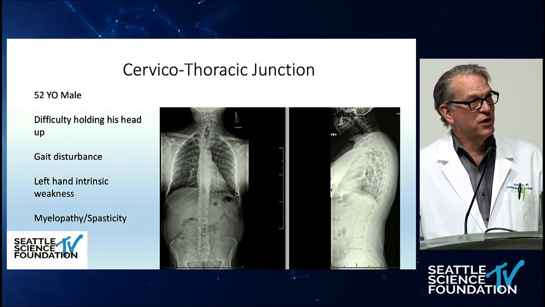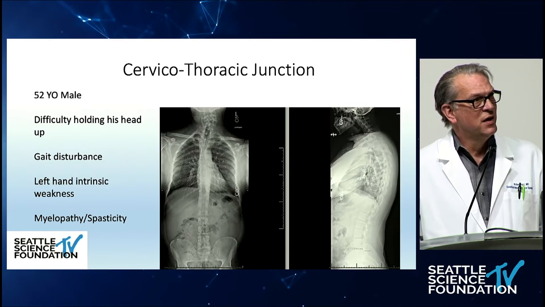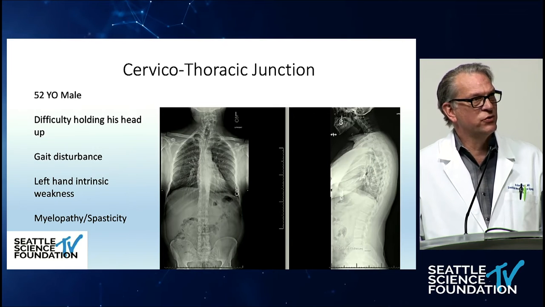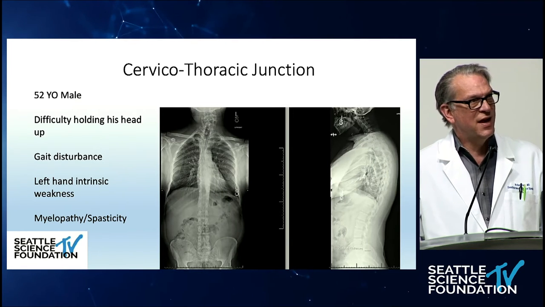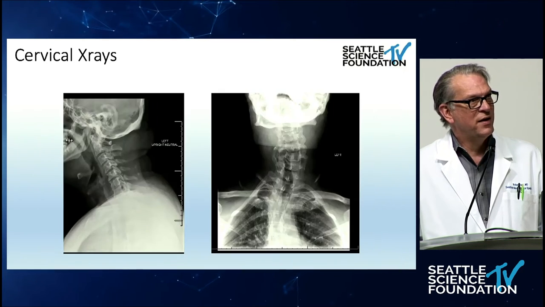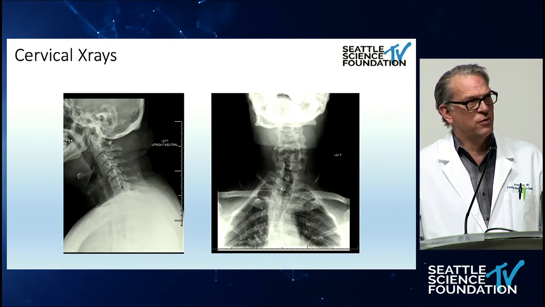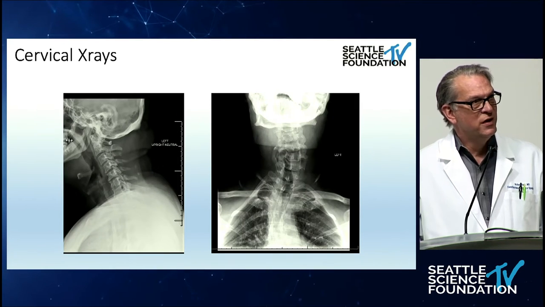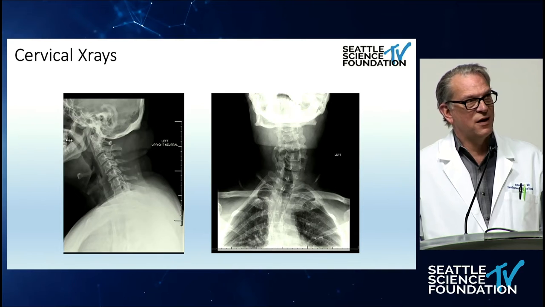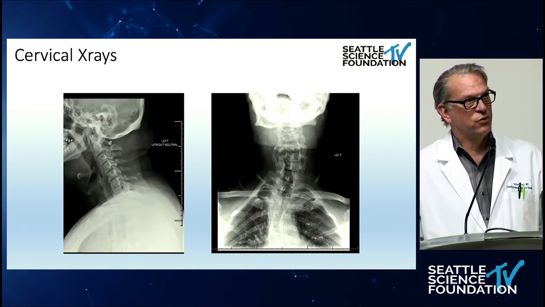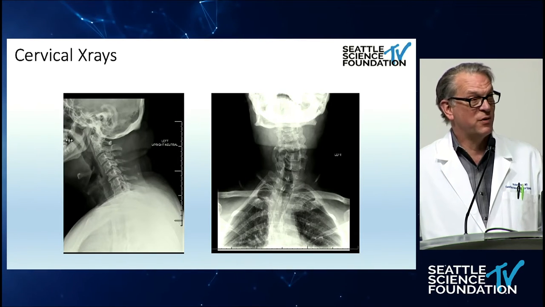And this is a gentleman I operated on just last week who had a very interesting set of problems. You can see his shoulders are not level, and as a result, he has a secondary scoliosis of the cervical spine. And now he has become stenotic in the cervical spine and myelopathic. You can see he's having trouble holding his head up and has for years balanced his shoulder inequality and the oblique takeoff of T1 with the compensatory curve in the cervical spine.